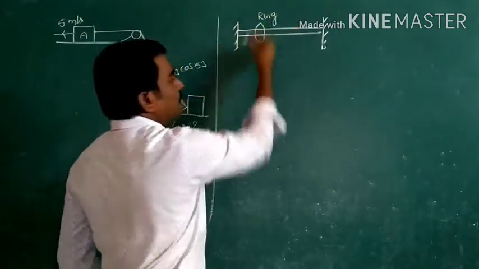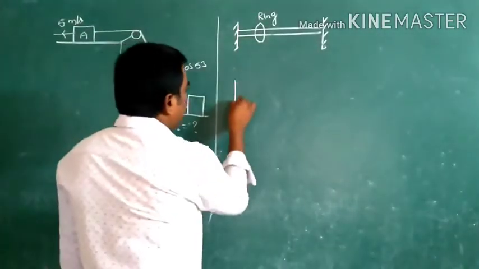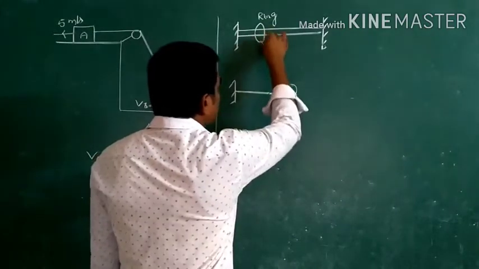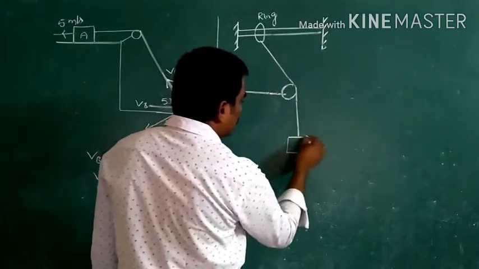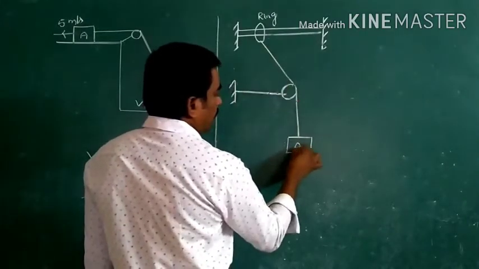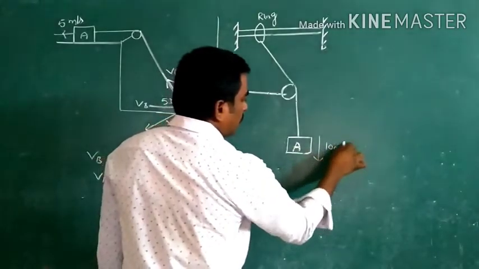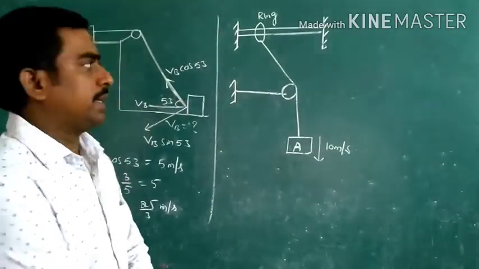That ring is connected over the pulley to block A, which moves downward with 10 meters per second.